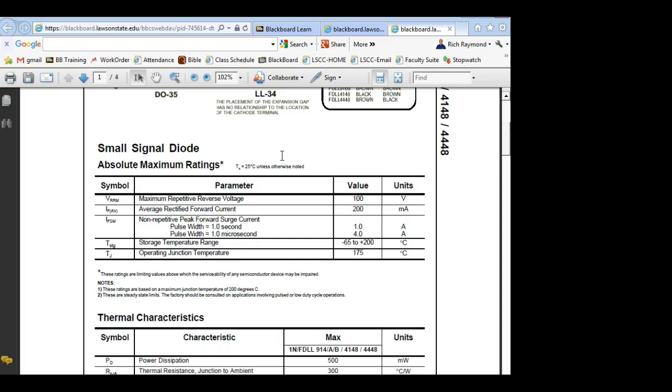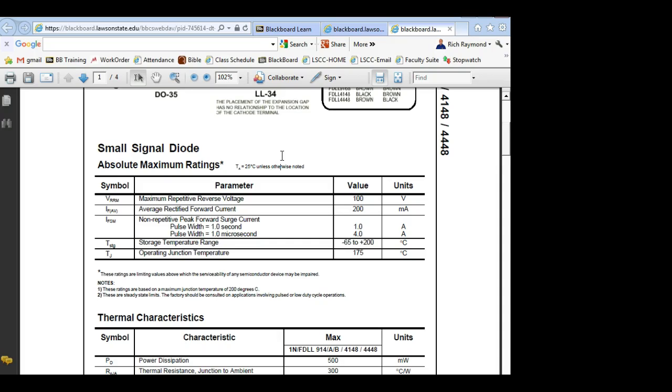This is your breakover voltage for this diode. If you ever put over 100 volts peak, this is DC by the way, so we're talking about peak, if I try to make this thing block over 100 volts peak, it could bust it open. And this is the guy we're going to break over. This is why we're going to do this as a lab, because we're going to have to put over 100 volts DC on this thing to break it over. We're going to break over the 914 on purpose.